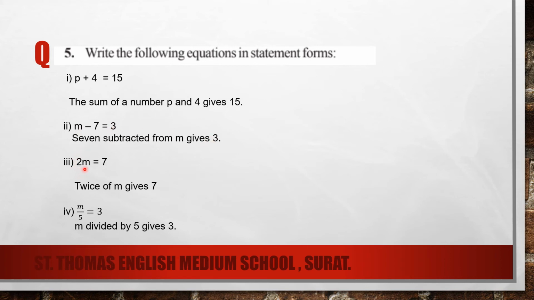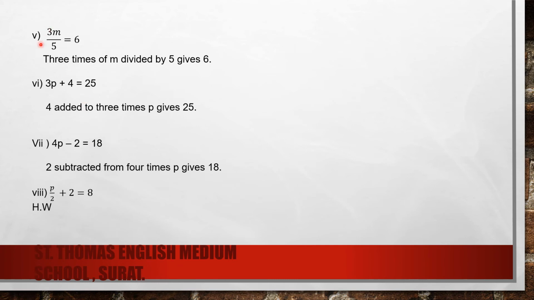The next one, 2m is equal to 7. 2m means twice of m gives 7. m by 5 is equal to 3. You can write like this. The number m divided by 5 gives 3. The fifth one, 3m divided by 5 is equal to 6. So how to write? 3 times of the number m divided by 5 gives 6.